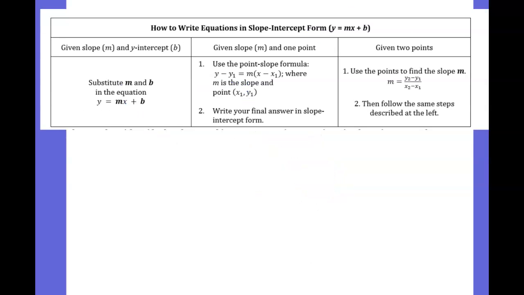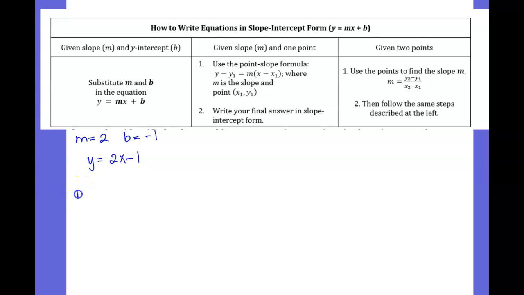All right, so to write the equation in slope-intercept form, we start out pretty easy. If we're given the slope and the y-intercept, all we have to do is substitute in. So say the slope was 2 and the y-intercept was negative 1. All I'd have to do is plug it in. y is equal to 2x minus 1.